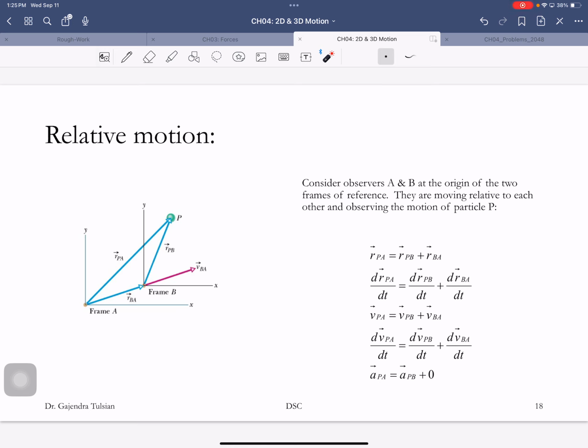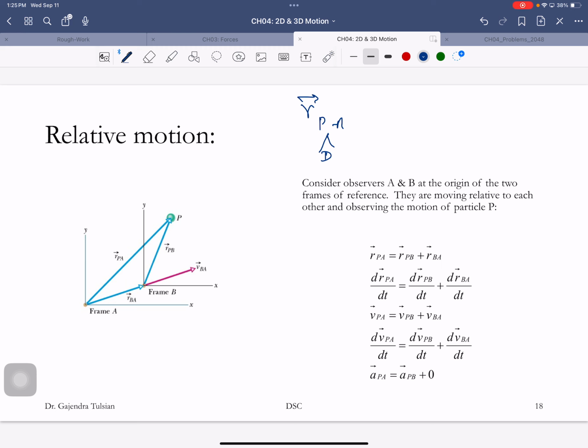Okay, so here's how you remember this. The position of particle with reference to A is equal to position of particle with reference to B, frame B, and position of frame B with reference to frame A. Okay, so the way you do this is position of particle P with reference to frame A. You can insert any symbol.